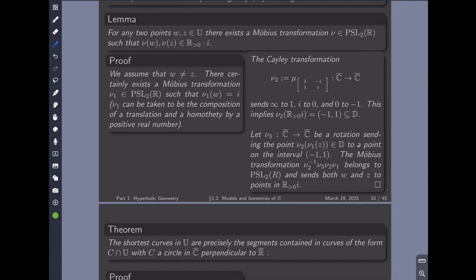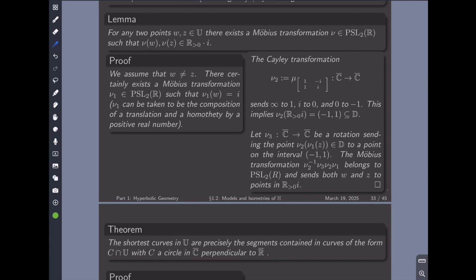Now I already placed 1 point on the positive imaginary axis. The next thing I'm going to do is place it on I. What can I do? I can use multiplication by a positive real number, because multiplication by a positive real number obviously preserves U bijectively. So I can place it on I.